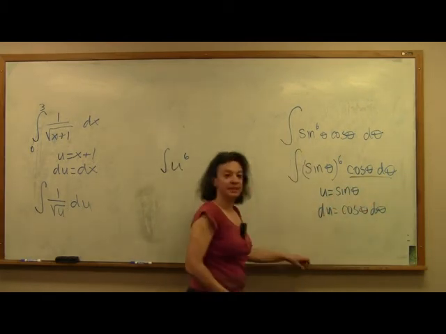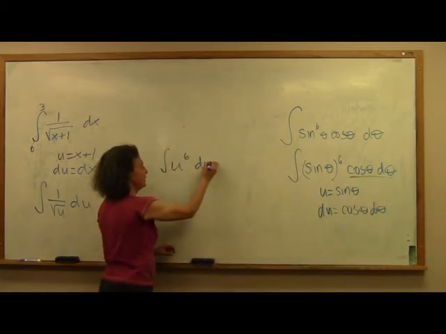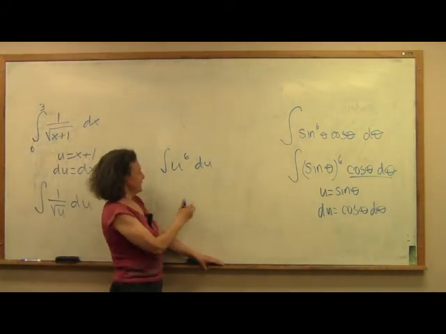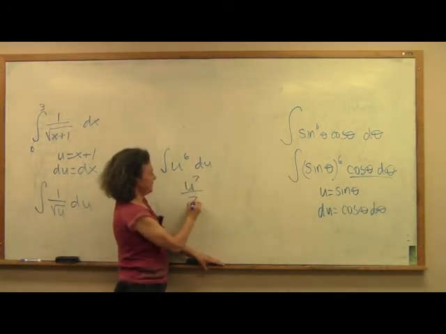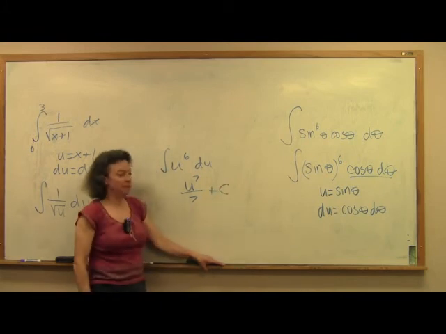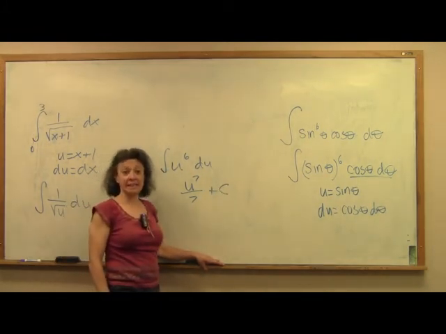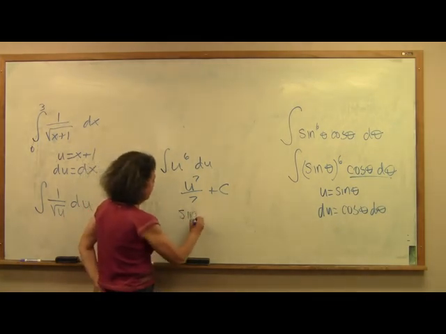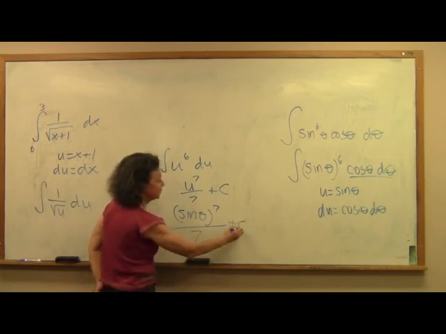And again, the cosine of theta d theta is du. Pretty cool, huh? Okay? Take the antiderivative, we get u to the 7th over 7. Notice I'm putting plus c because this is an indefinite integral. And last but not least, we rewrite this in terms of our original variable.